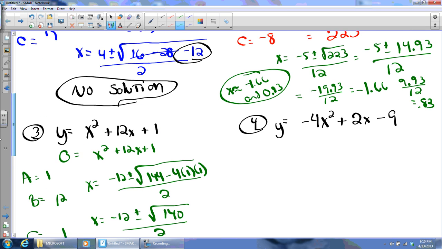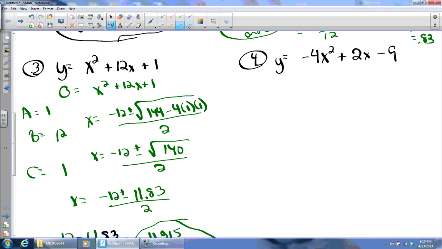All right, last problem here. So again, we make y equal to 0. Negative 4x squared plus 2x minus 9. A, b, c, easy as negative 4, 2, negative 9. Okay.